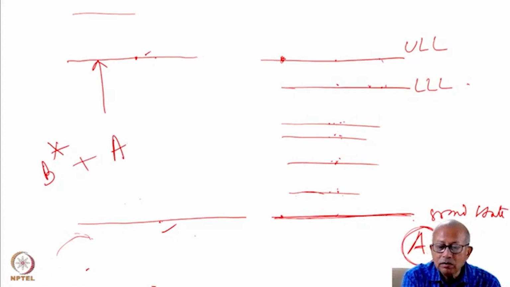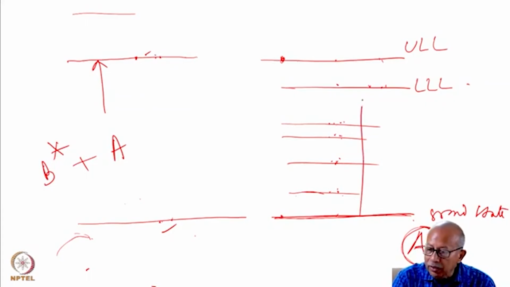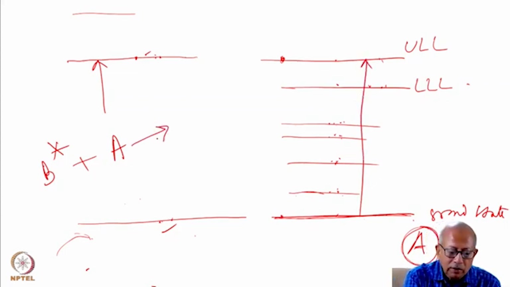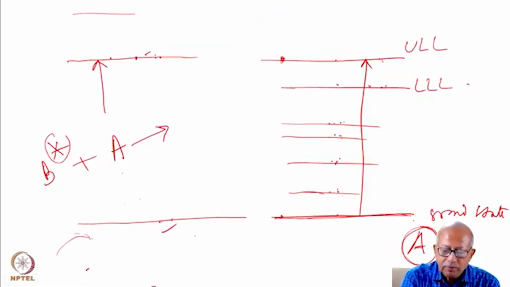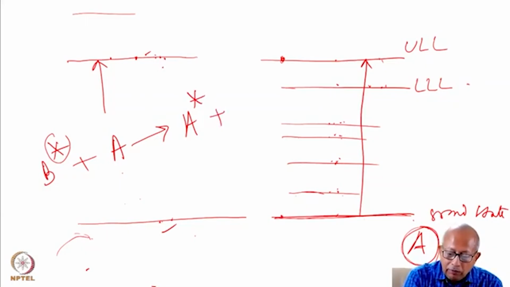Because these levels are very closely spaced, the excitation energy of B will simply be transferred to A and bring it up here. So basically B will transfer its excitation energy to A, so A will be excited and B will come down to the ground state.